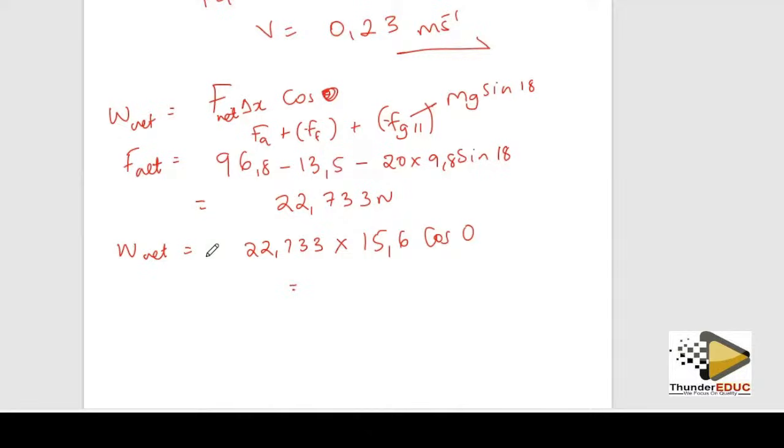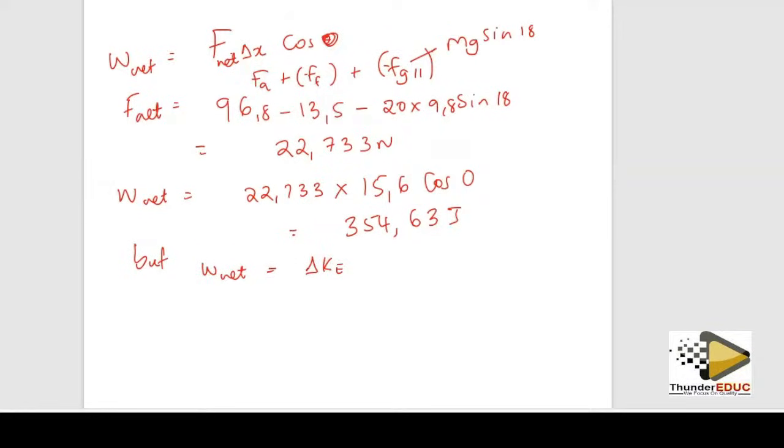So I'll multiply this times 15.6. That's going to give me 354.6 if I round it off. These are joules.